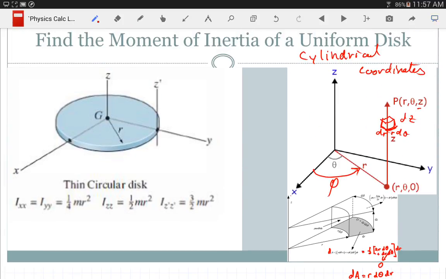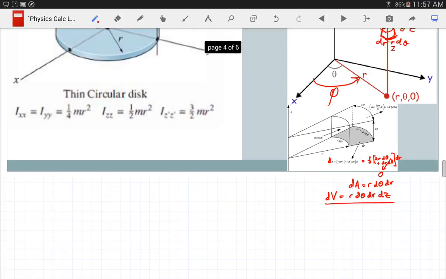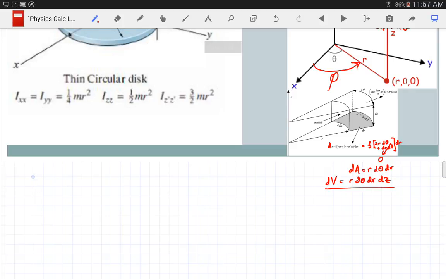So now if I want to find the moment of inertia for this disk, I would say, well, moment of inertia about what axis? Let's do it about the z-axis, the symmetry axis. If I do it about the symmetry axis, I technically have 3 integrals.